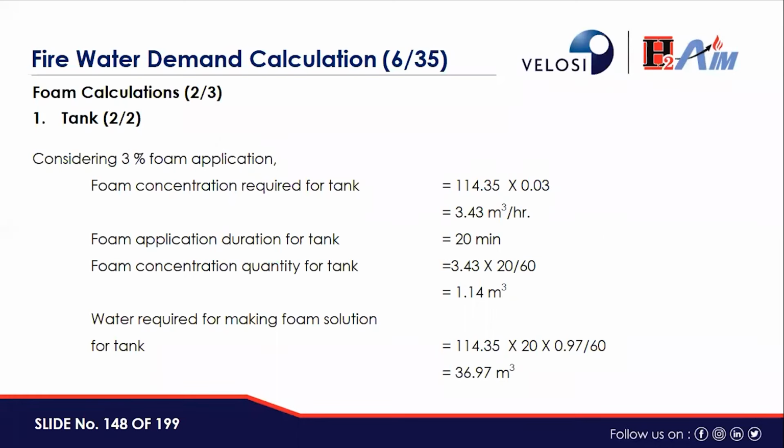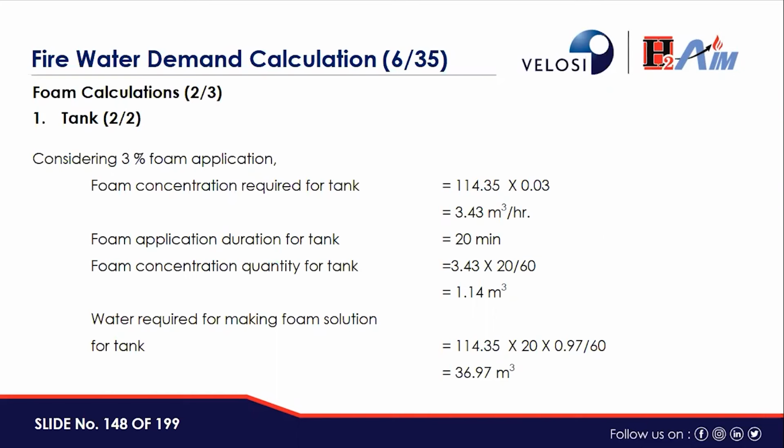Foam application duration for the tank is 20 minutes. So the foam concentrate quantity for the tank will be equal to the foam concentrate required for the tank multiplied by the foam application duration. It will be 1.14 cubic meter.